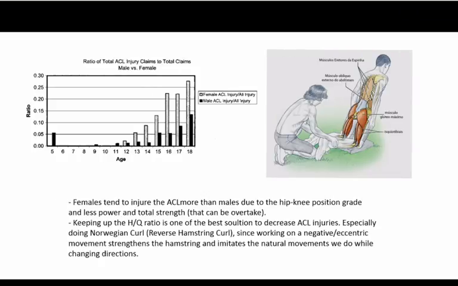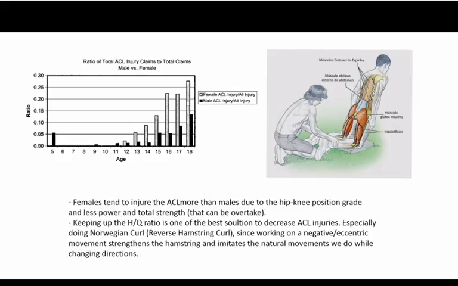Basically, what they're trying to explain is that the relationship between the hip and the knee position usually doesn't help. And also, and this can be overcome, of course, girls tend to have less power or total strength in those ages compared to males.